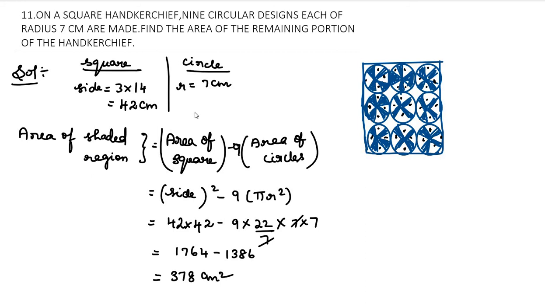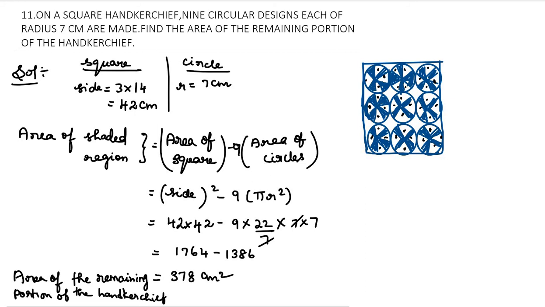So the area of the remaining portion of the handkerchief, okay, not shaded region, area of the remaining portion of the handkerchief is equal to 378 centimeter square. Do you understand this? Shall we go to the next one, children?